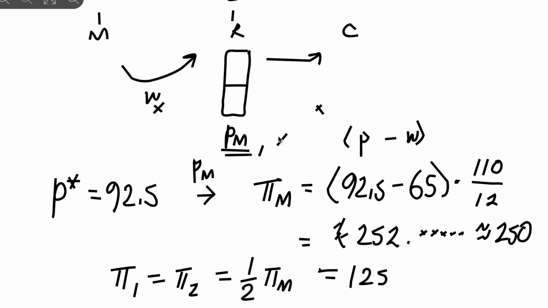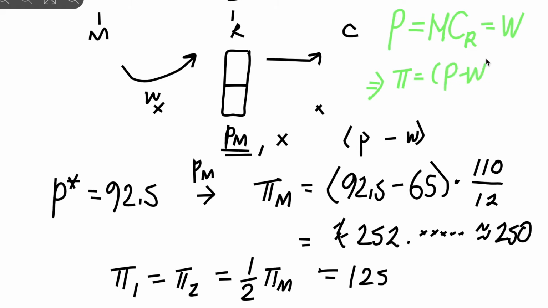And if they don't agree, what happens? The price will equal the marginal cost of each retailer, that is equal to W. The profit equals P negative W times quantity, and with P and W the same amount, we get zero profit.